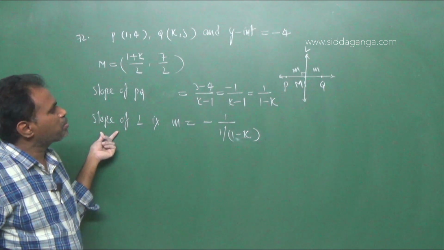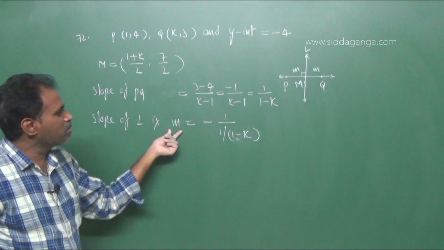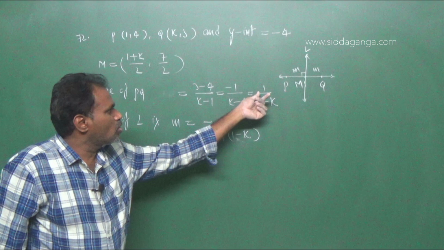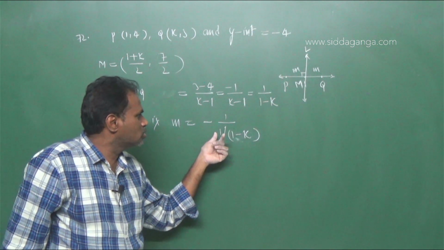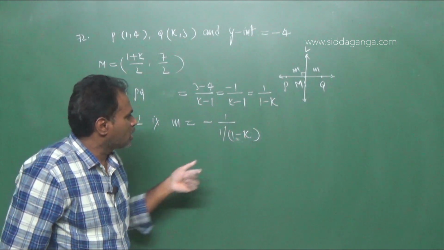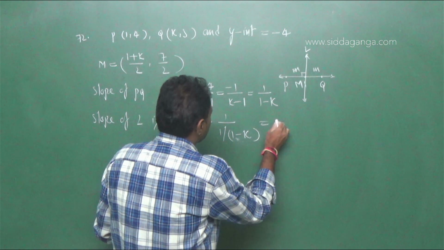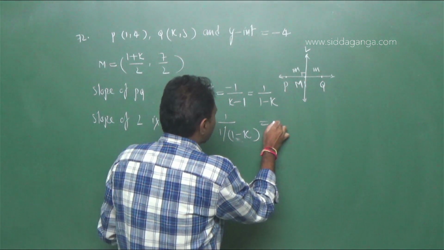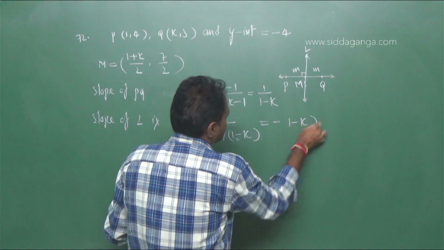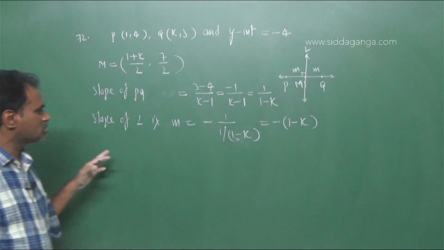Therefore, the slope of the perpendicular line L is M equal to minus 1 by the slope of PQ, that is minus of (1 minus k).